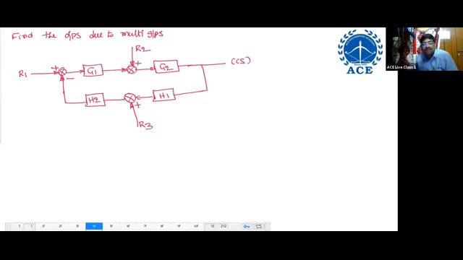Find C due to R1, find C due to R2, find C due to R3. R2, R3 make it 0. R2 0, R3 0. Find C by R1. Just like the superposition theorem.